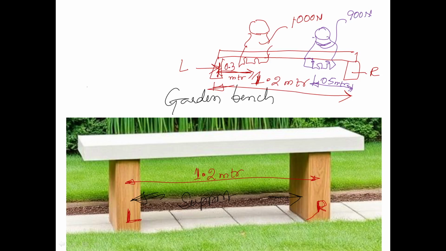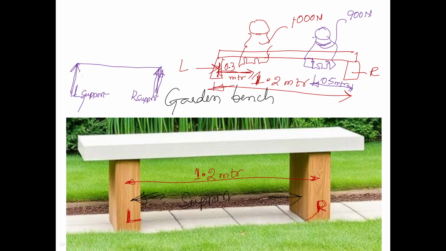Now, if you go for drawing the force diagram for this bench, this is the left support and this is the right support. Supports are giving some resisting force which is going to act in the upward direction.